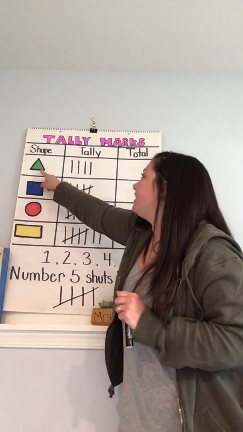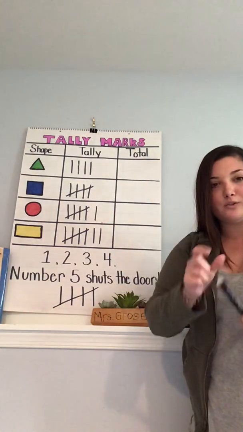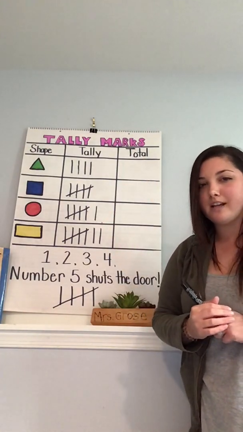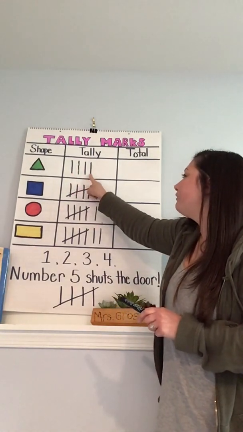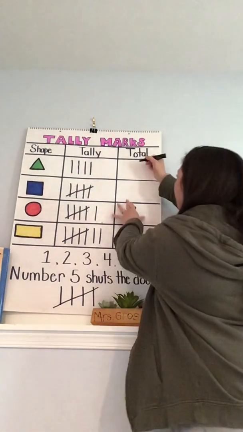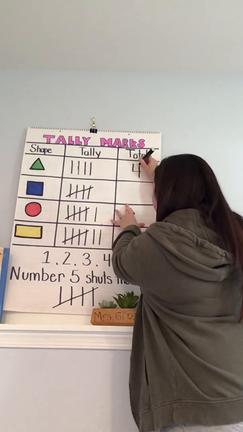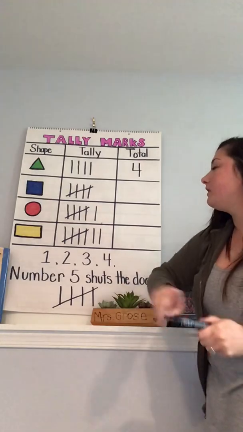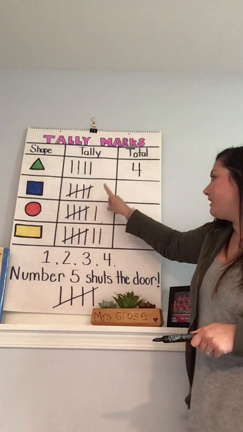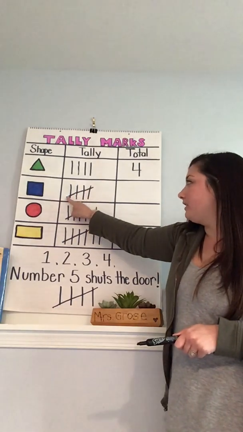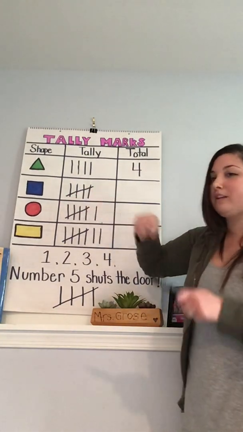Let's start with my green triangles. I do not see a line that closes the door, so I'm definitely going to have to count by ones. 1, 2, 3, 4. My total for my green triangles was 4. All right, let's look at my blue squares. I do see a line that closes the door, so I already know that this is a group of 5 just by looking at it.